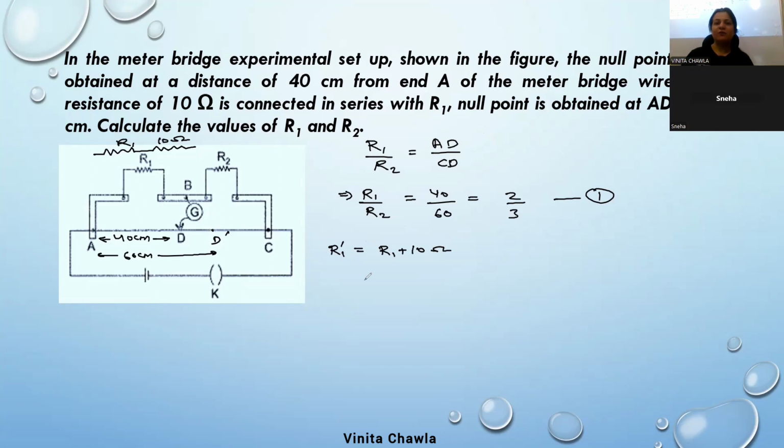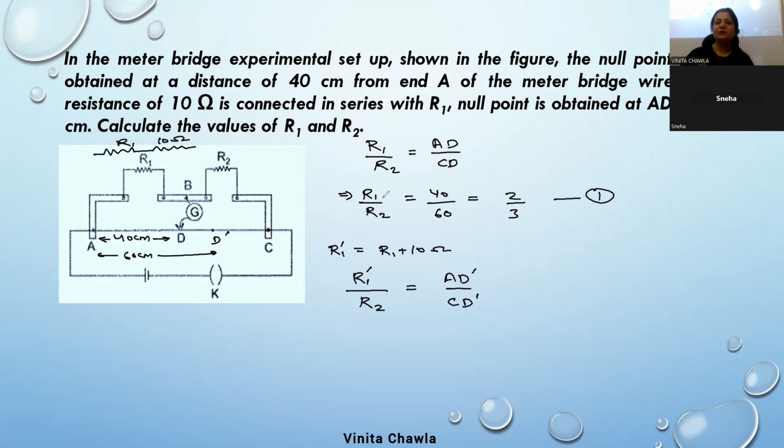This time we will write R1 dash, because now the value of resistance has been changed. So instead of R1, we will write R1 dash divided by R2 is equal to AD dash. The null point of the galvanometer has shifted to D dash, so AD dash is the new position upon CD dash.